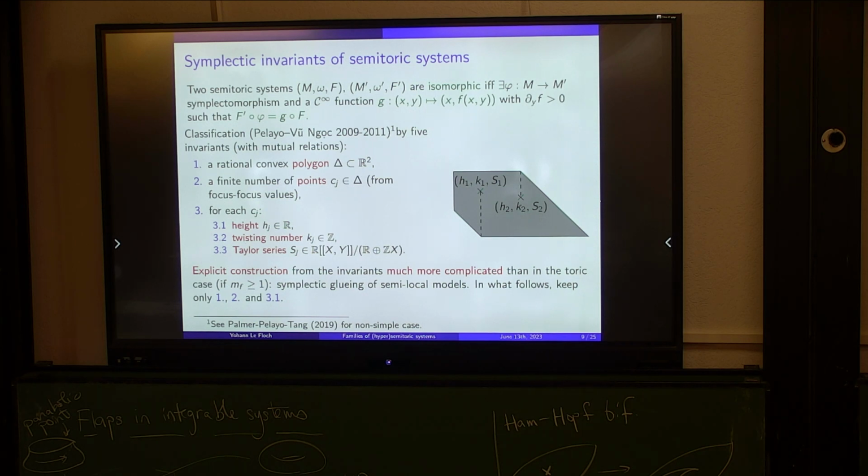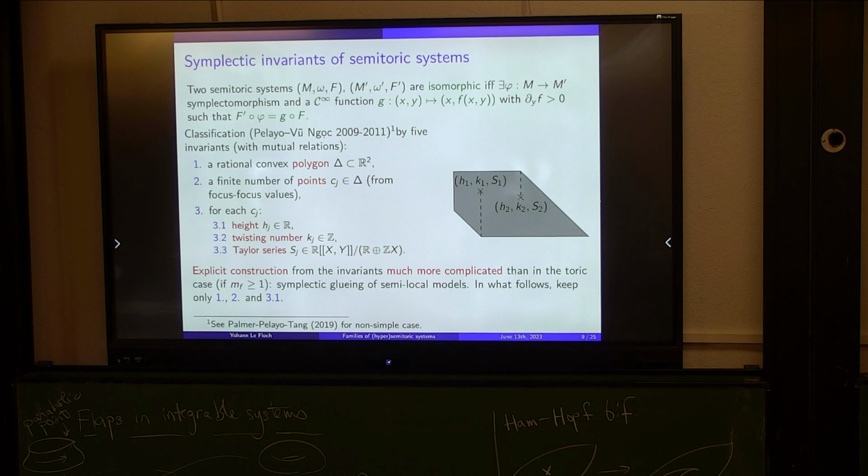Something I have to be careful about when I say it is that there's an explicit construction. The result of San and Alvaro is that you're isomorphic if and only if you have the same invariants. Moreover, if you give me a list of invariants, I can construct a semitoric system with these invariants. The construction is totally explicit. You can open the paper: you have semi-local models near the elliptic singularities, near the focus-focus singularities, and in the regular parts.